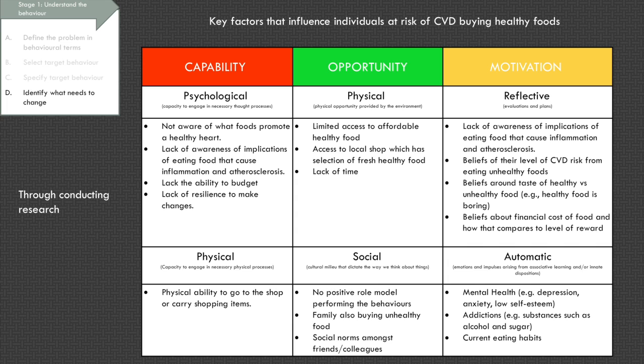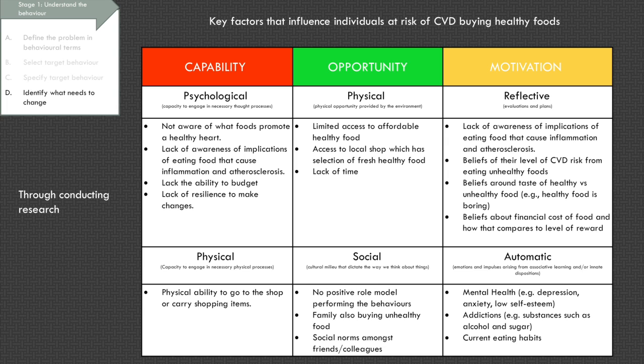And then we map all those barriers, all those factors onto the 6 subdomains of the COM-B model. Through the research that I've performed, these are the barriers that I've identified and have mapped onto the subdomains of the COM-B model.